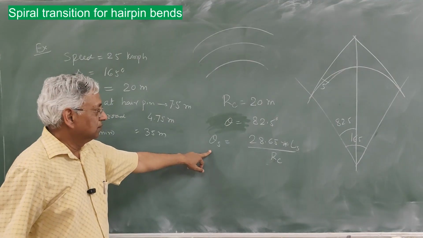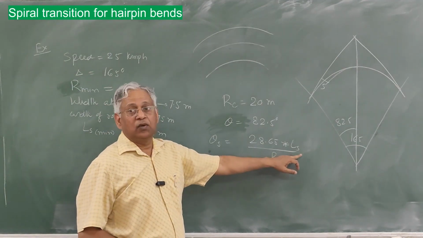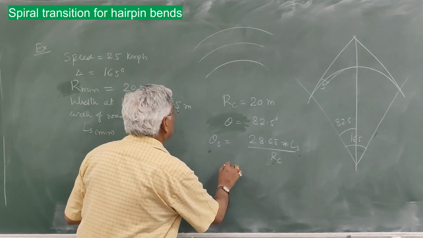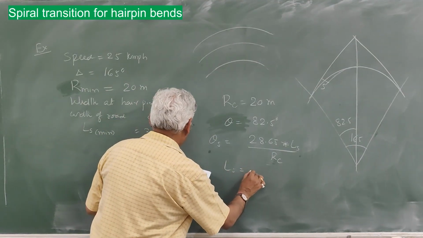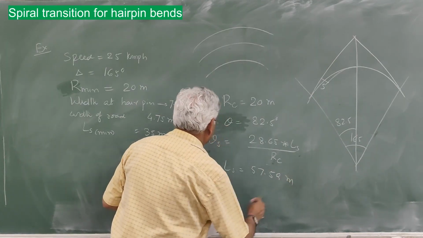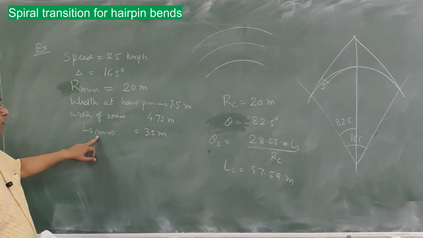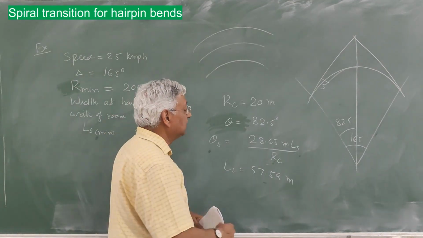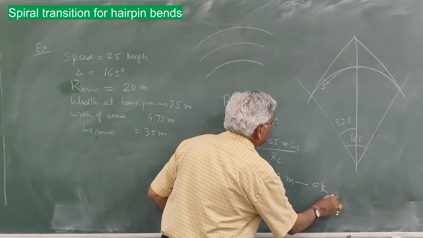Now theta is known, Rc is 20, so you can find out Ls, the length of transition. This length of transition is now 57.59 meters. The minimum length of transition should be 35 meters and this value is 57.59 meters, and therefore it is okay.